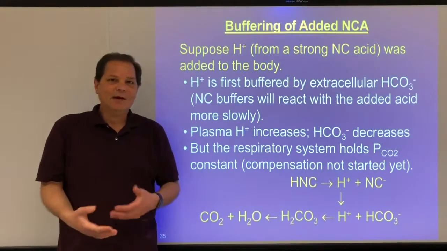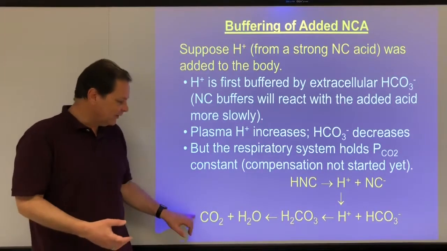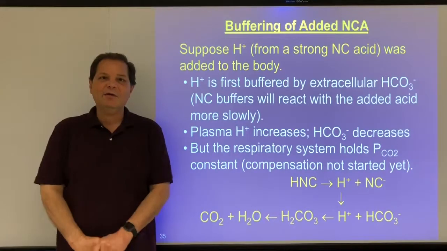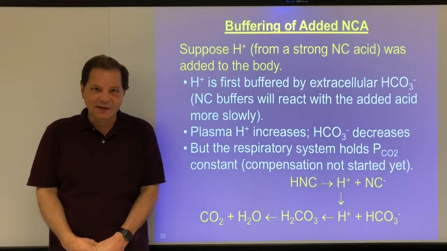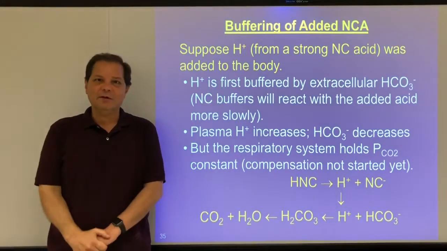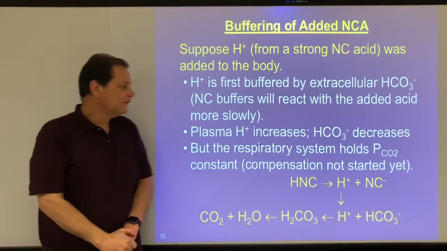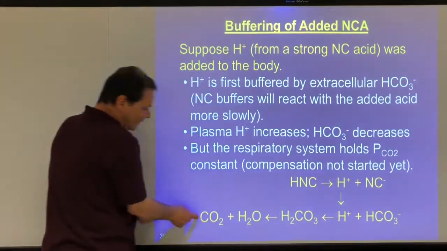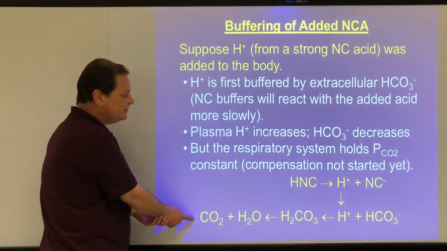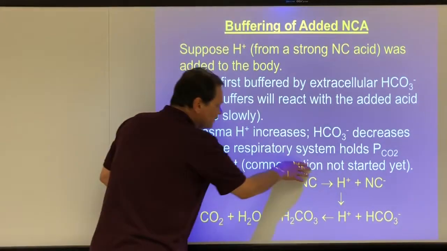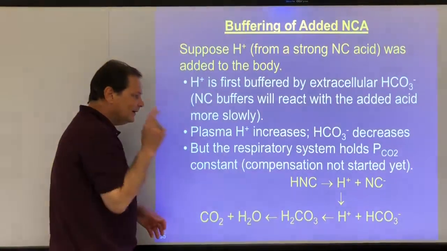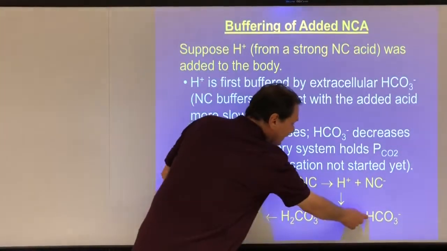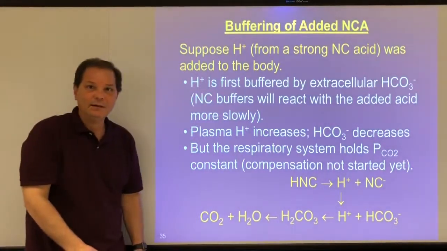In other words, my respiratory system naturally gets rid of the extra carbon dioxide simply through equilibration with the alveoli, which is a large sink for carbon dioxide. So despite the fact that I'm producing more here through this reaction, this partial pressure doesn't change. The partial pressure of carbon dioxide is constant here, but my bicarb is not. It's going down.